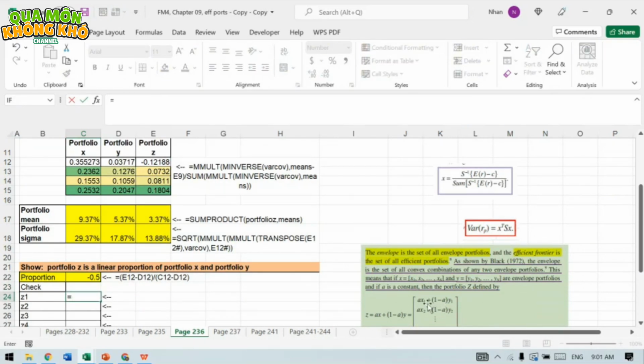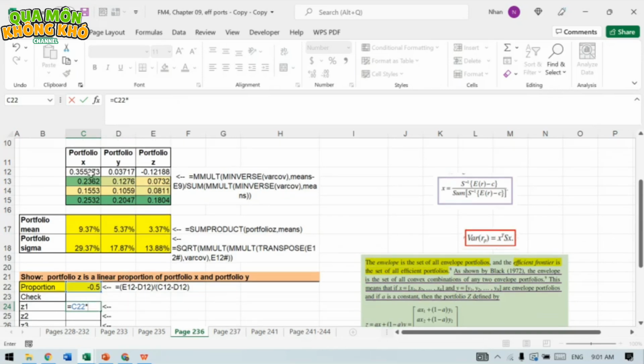So I will apply this. A multiplied by the X plus 1 minus A multiplied by the Y.